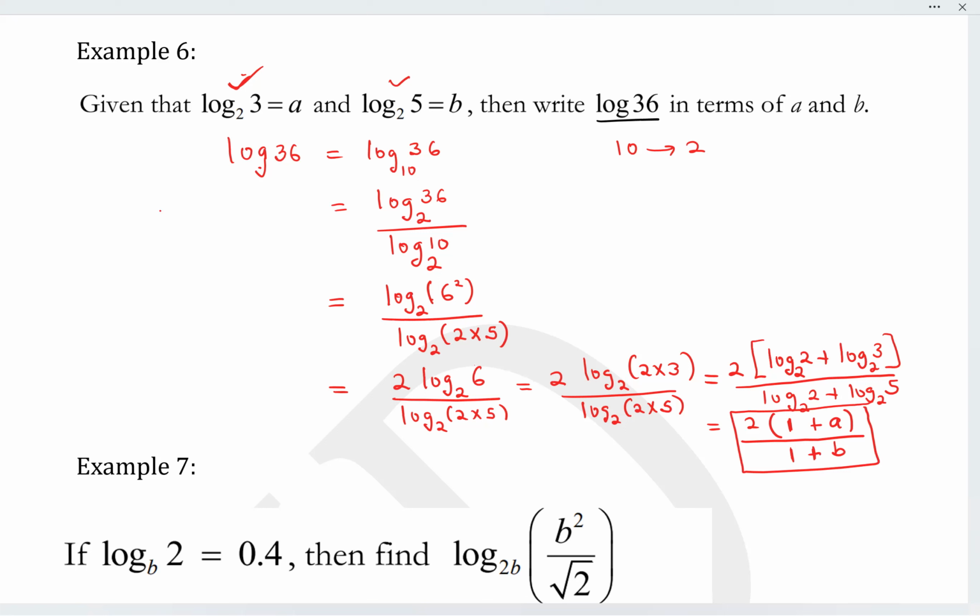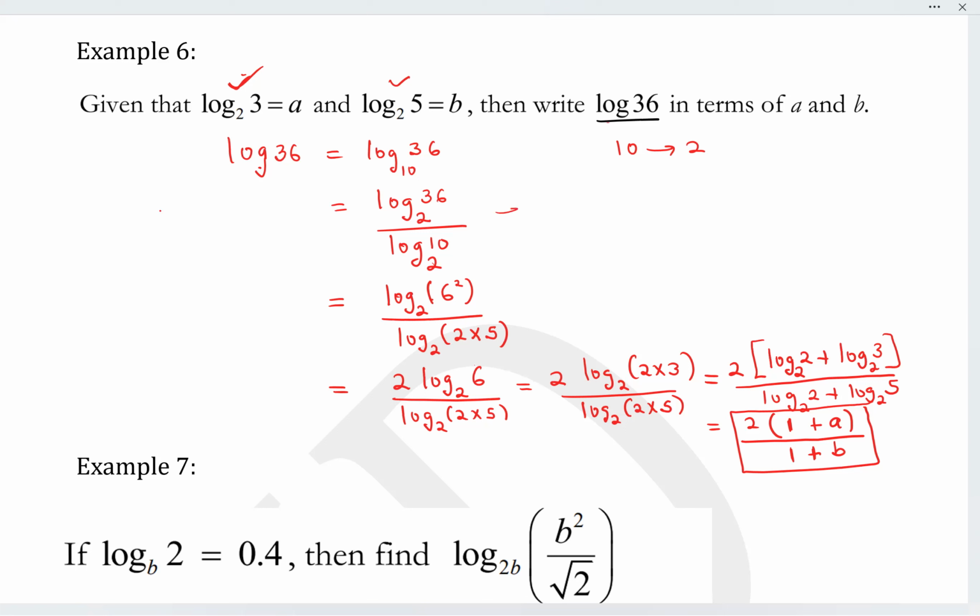All right, so let's explain it again. Here is log to base 10, but what we are given is log to base 2. So you need to go from 10 to 2 first. And how do you go from 10 to 2? This will be log to base 2 of 36 over log to base 2 of 10. Then you can write 36 as 4 times 9 if you wish. You don't have to write it as 36.